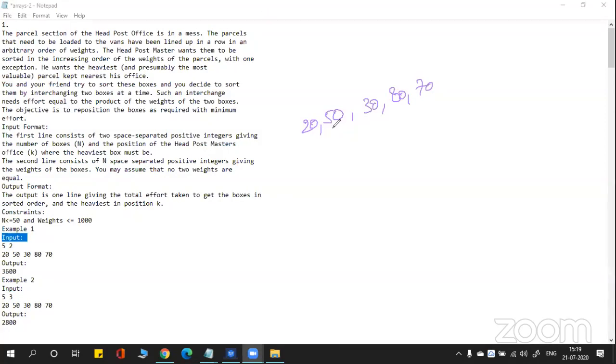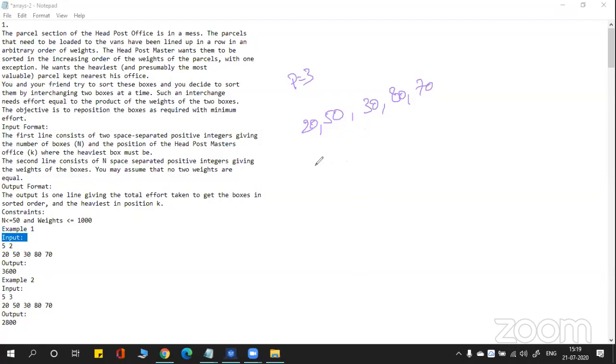So these are elements 20, 50, 30, 80, and 70. So my position is 3. Position is 3, position 1, position 2, position 3. First, obviously, I am getting 2 3 24.